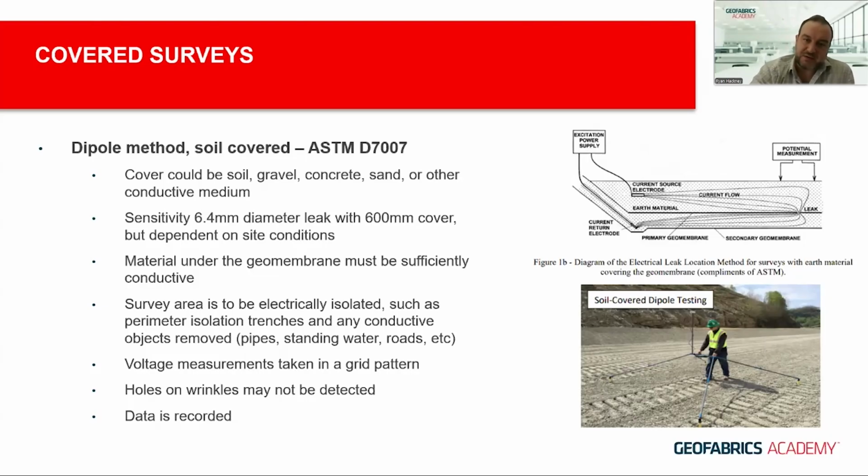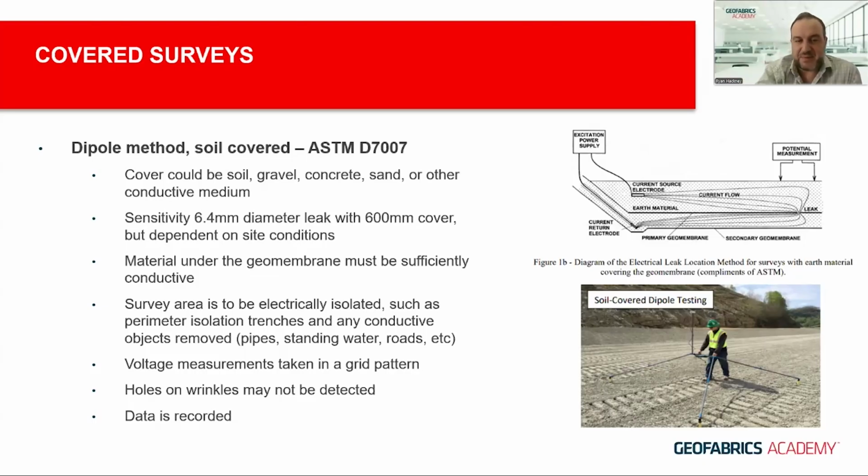So the dipole method, in terms of when soil is placed on top of the lining system, is conducted according to ASTM D7007. The cover could be soil, gravel, concrete, sand, any conductive medium really. It's not as sensitive as the bare test in terms of following this particular methodology.